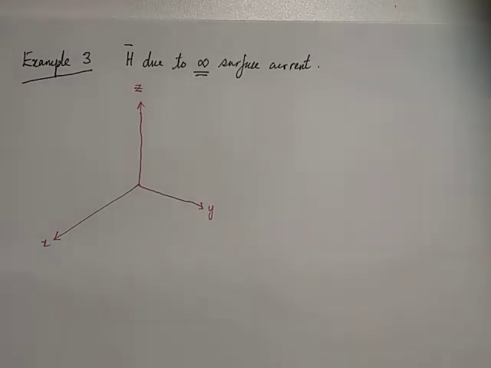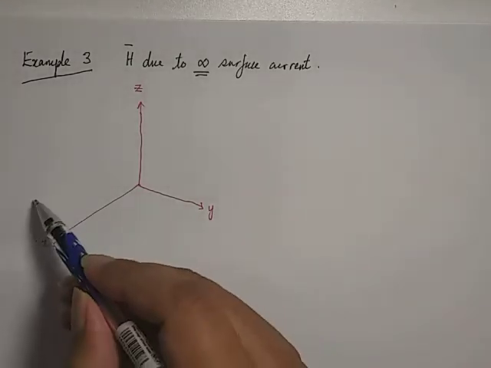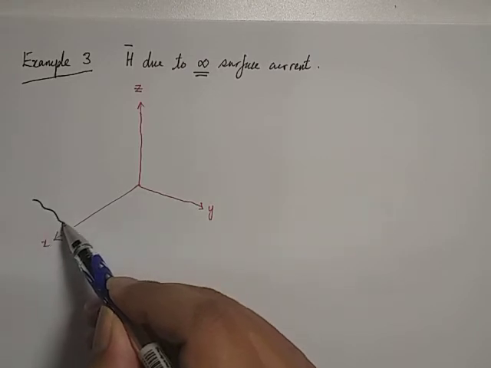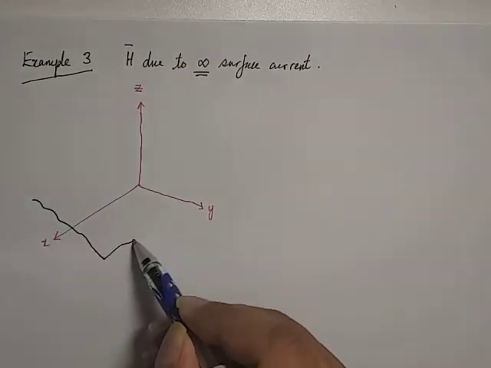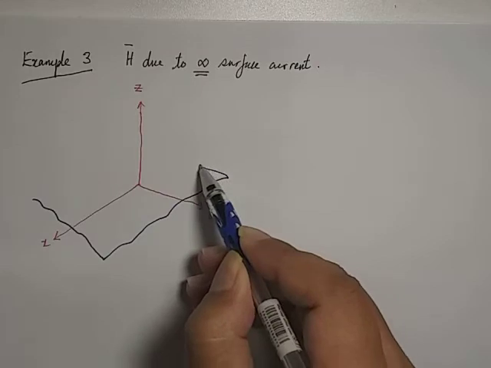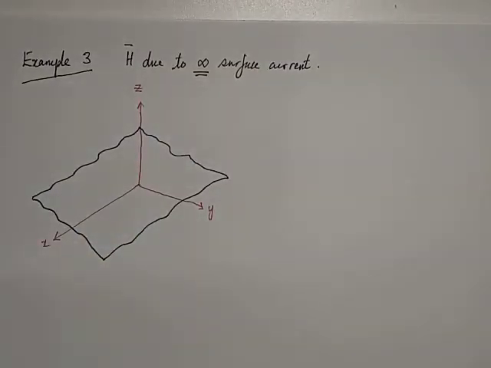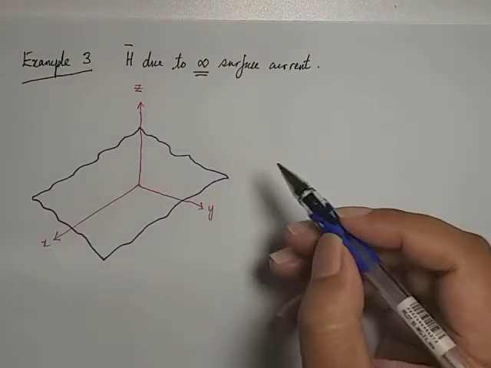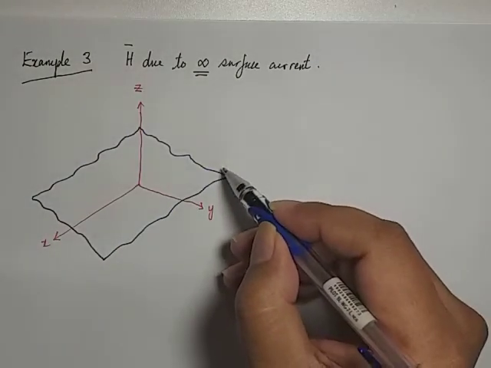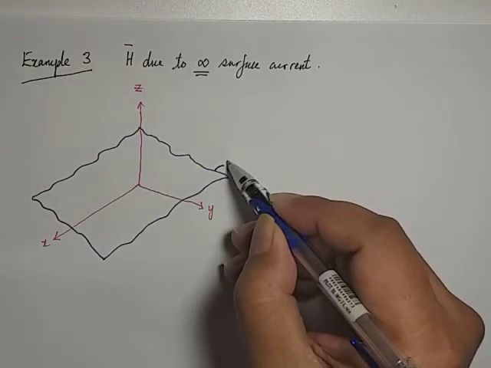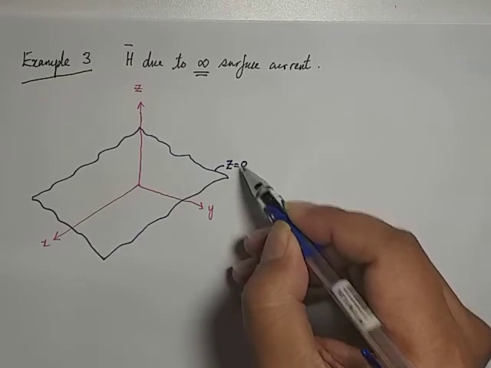Then let's add our current source. Let's assume it to be infinite, so I'm going to draw it as such. Okay, that's my current. So it's located at what? At Z equal to 0. Okay, that should be what I meant, the Z equal to 0 plane.